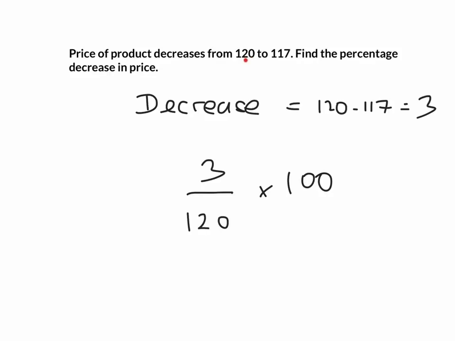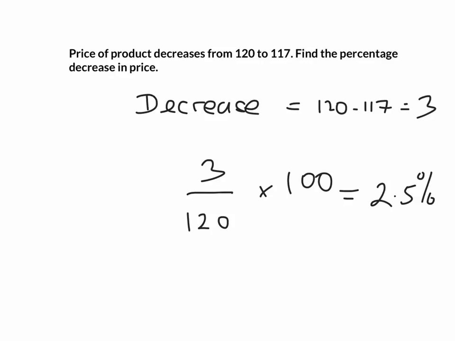The 120 has decreased. So you want to make it into a fraction first, put the decrease over the original amount, 120, and then multiply by 100. That will give you the percentage answer.